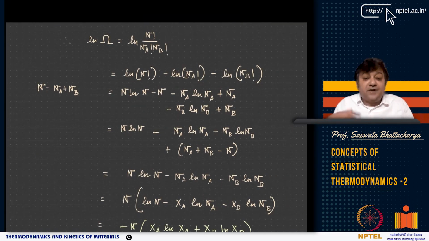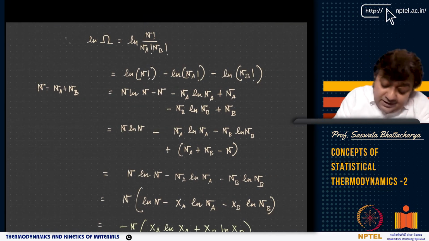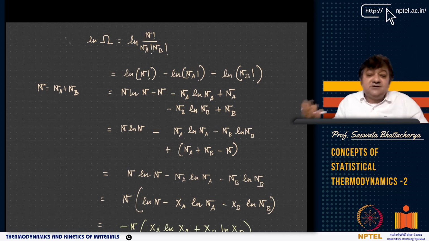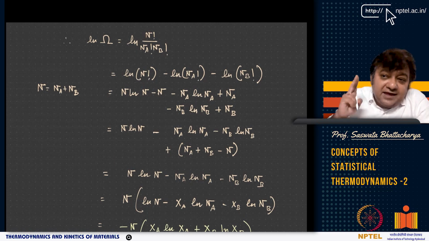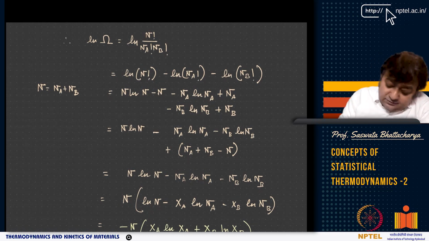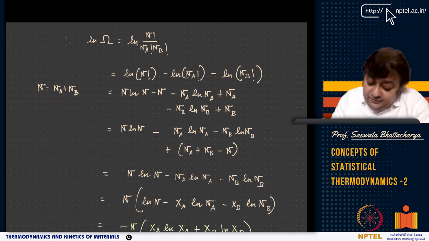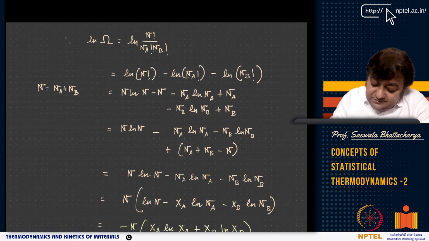And also to find ln omega. So ln omega is what we have to find out, because S equals kB ln omega, and as you have seen, we have used two species, A and B, with Na atoms of A and Nb atoms of B, and the total number of sites available is n, which is Na plus Nb. Now if you continue doing this algebra, you have ln n factorial minus ln Na factorial minus ln Nb factorial.